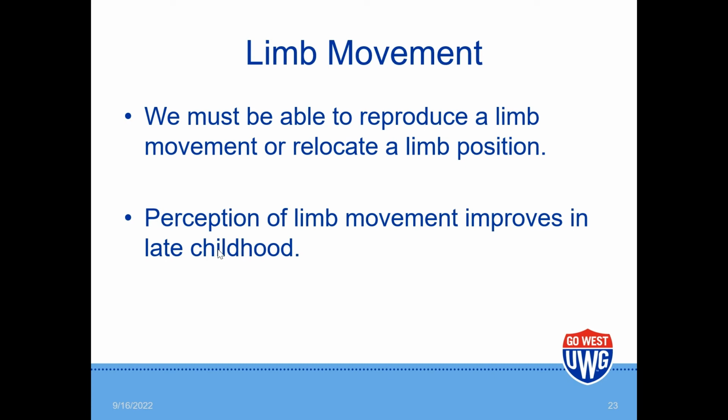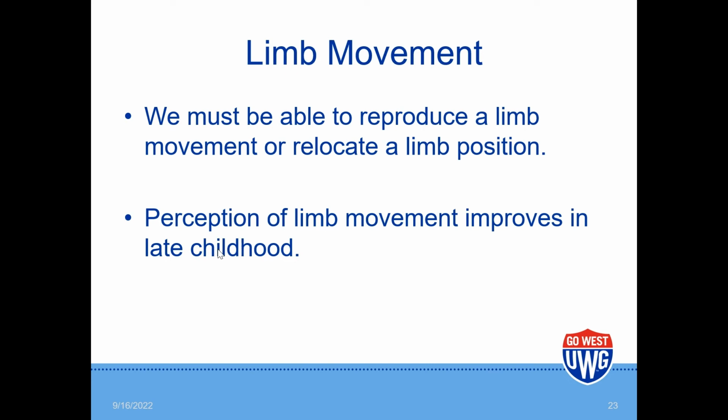In addition to that is our limb movement. Part of what we learn to do, especially in activity but really across life, is to be able to reproduce a limb movement over and over again and relocate a limb position, to get my arm or leg in the same position it was in. We get better at this as we go into late childhood.